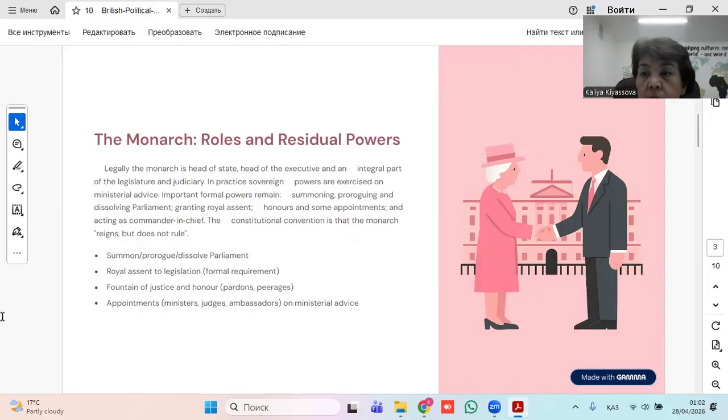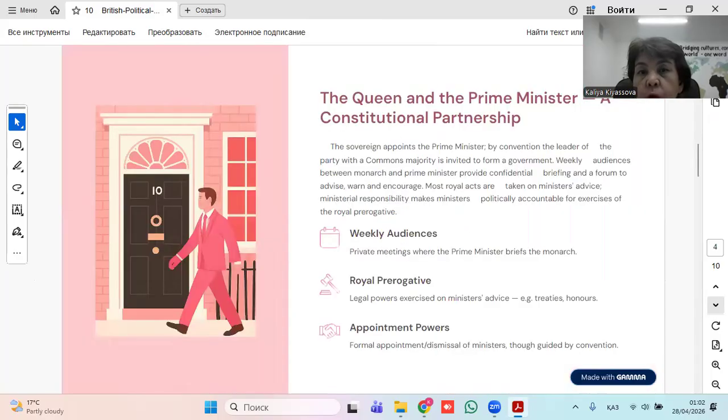What you understand from this abstract is the Queen and the Prime Minister constitutional partnership. Here we know that there are weekly audiences, royal prerogative, and appointment powers.